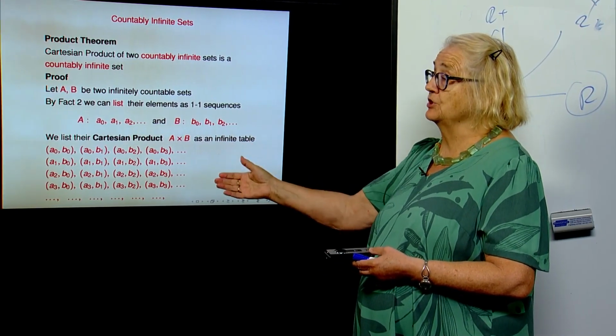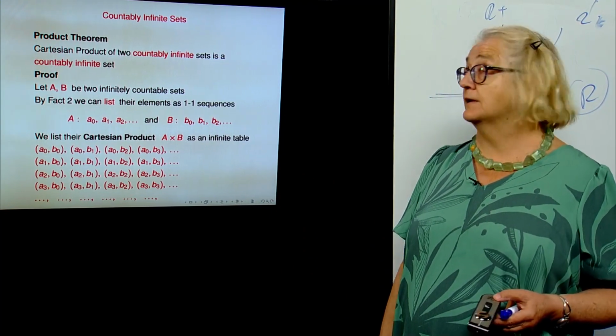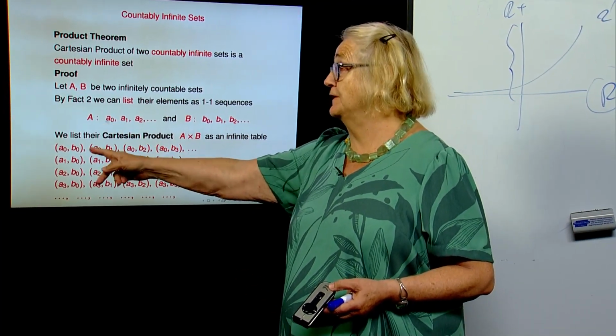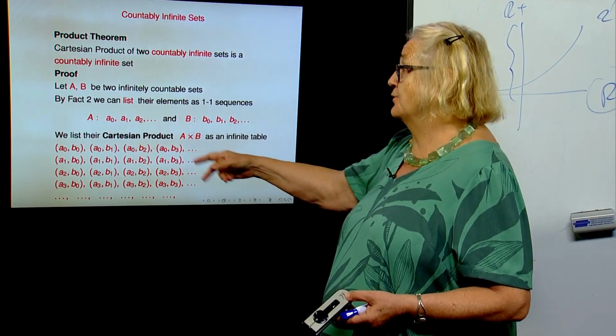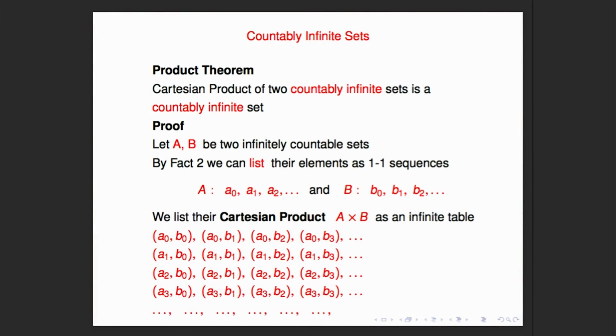What about the Cartesian product? How to list the Cartesian product? You have the Cartesian product, first of this and all. So you can see, okay, I count like this, but I cannot go to the next one. So is it countably infinite?